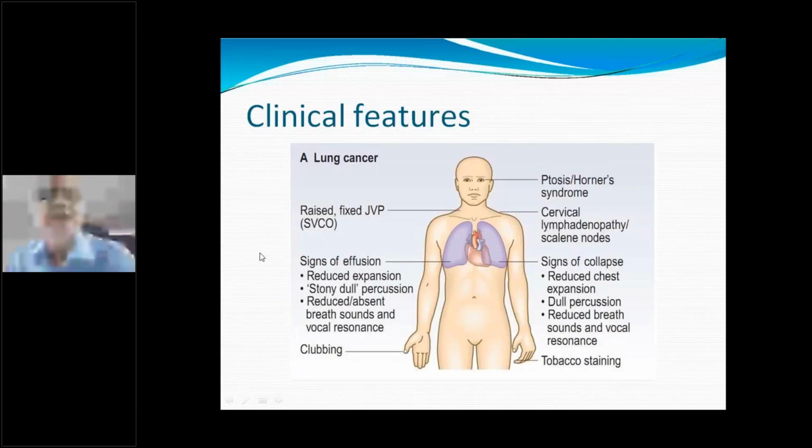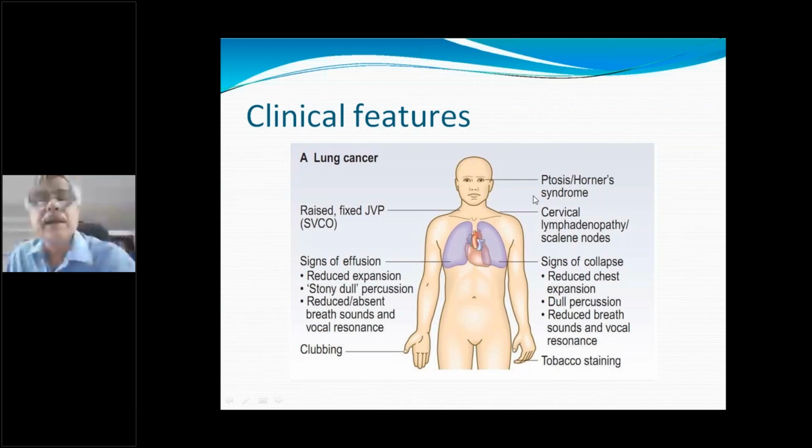What are other clinical features? Clinical features are because of the effects of the tumors, because of where they are located. Centrally located, they will cause some symptoms. Peripherally located, they will cause some symptoms like effusion.